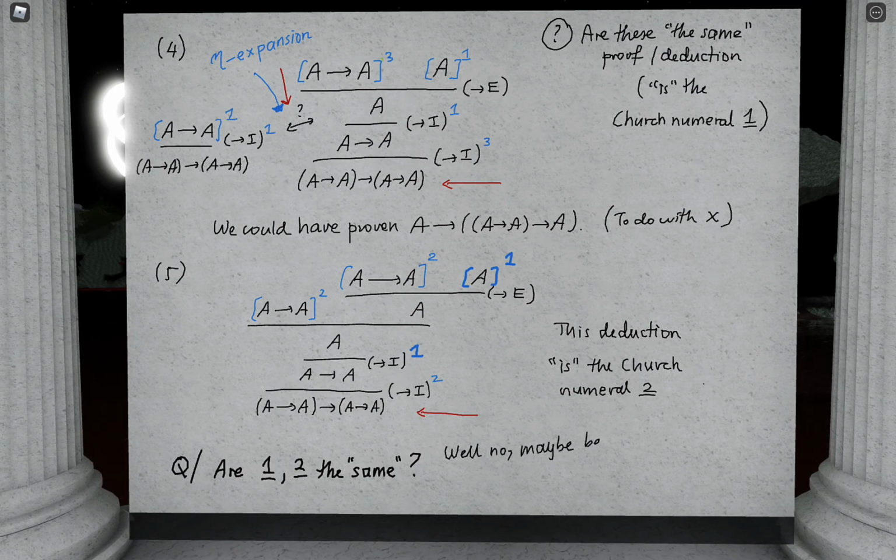Looking at them, one sense in which they're clearly different is the pattern of the way that hypotheses are used is different, right? So in the proof in 4, there's only one copy of the hypothesis A implies A that's discharged in the final step, whereas in the second proof, in part 5, there are 2.